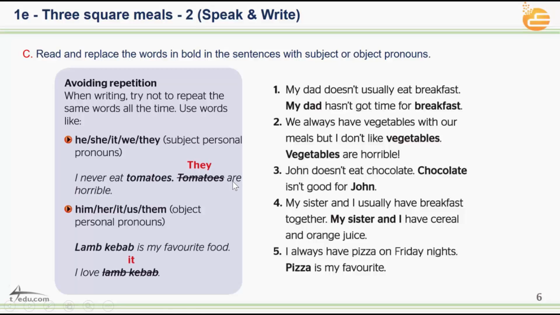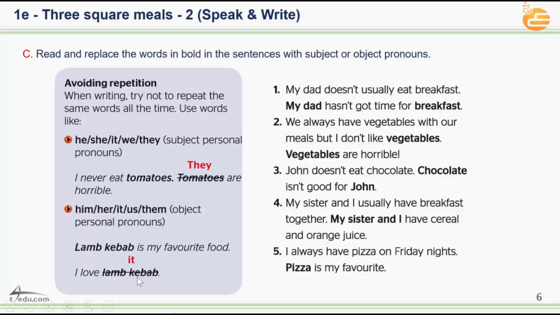The second thing, him, her, it, us, them. We call these object personal pronouns. So when we say object, it's at the end of the sentence. For example, lamb kebab is my favorite food. I love lamb kebab.